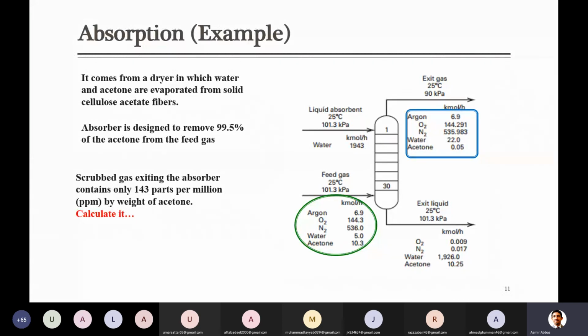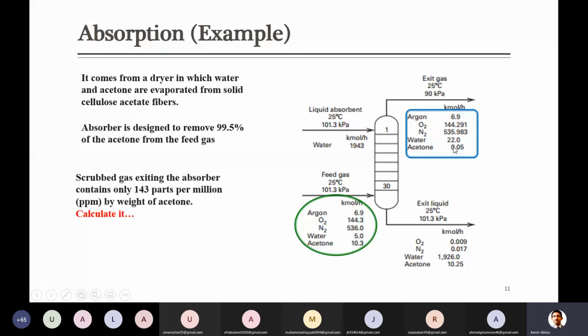And by the way, I have mentioned here that you have to calculate whether it is exactly 143 parts per million or not. So guys, I think you can do this calculation. Here the moles are given. The basis is taken as 1 hour, so all are in kilomoles.